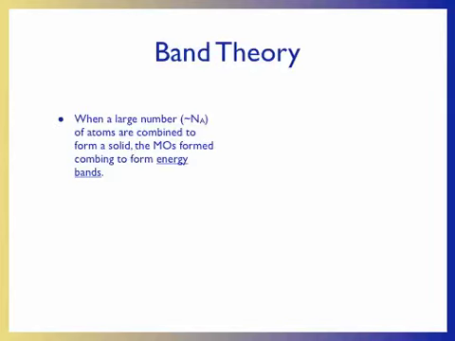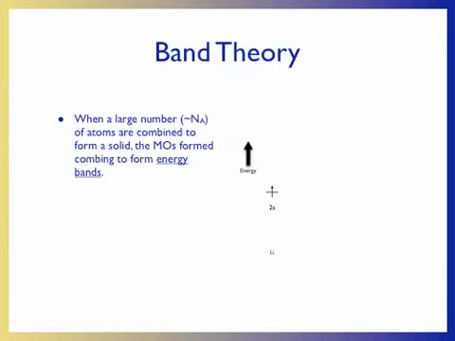We can think of band theory as combining a very large number, on the order of Avogadro's number, of atomic orbitals to form molecular orbitals for the entire solid. We can start off simple. Lithium is probably the simplest metal we can take a look at.